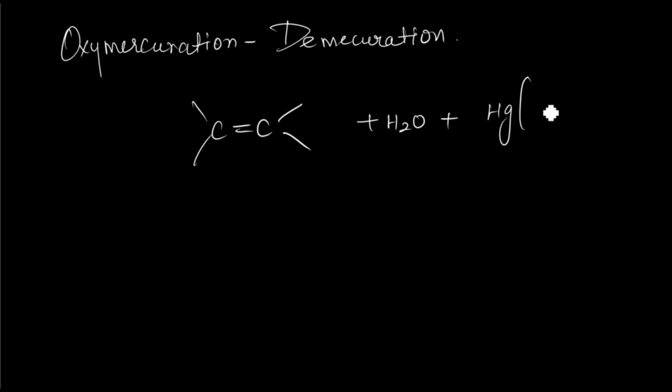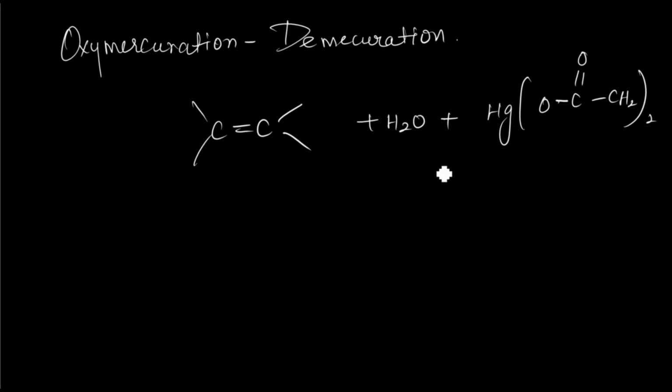Okay. Then it can be prepared by dehalogenation of vicinal dihalides. Those parts you already know. And the next reaction is oxymercuration-demercuration. What is this? Generally, the alkene is reacted with mercuric acetate, Hg(OCOCH3)2, and the solvent used is THF.